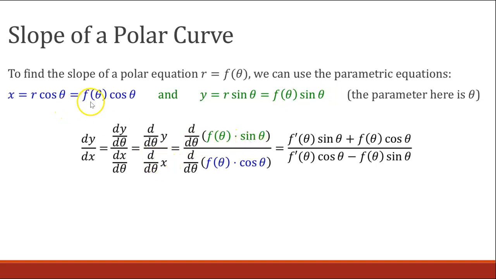And if x is f of theta cosine theta, then we have the derivative of this product here. If I'm doing a product, then I need the product rule. I don't think this is worth memorizing. It's really about understanding the parameters. When we think about sine, we should think about the y coordinate. So y is r sine theta, and x is r cosine theta. But it does create a product because r is a function of theta as well. So we have to apply the product rule.